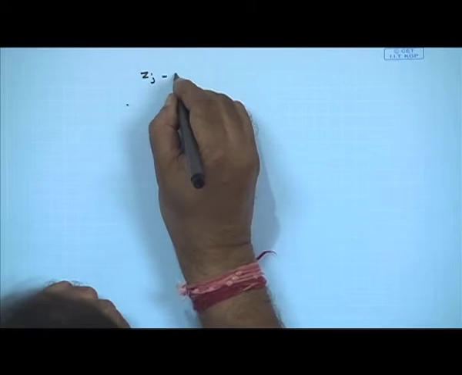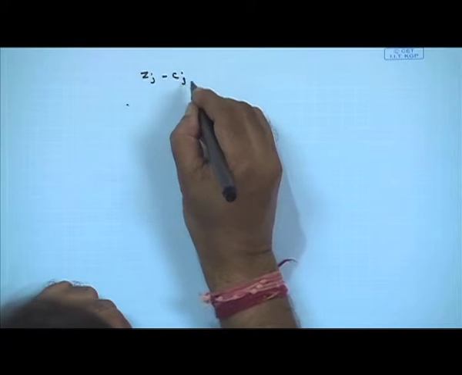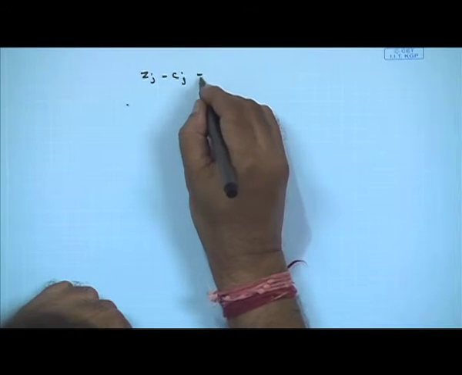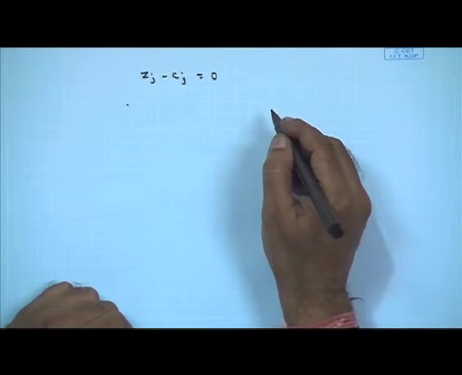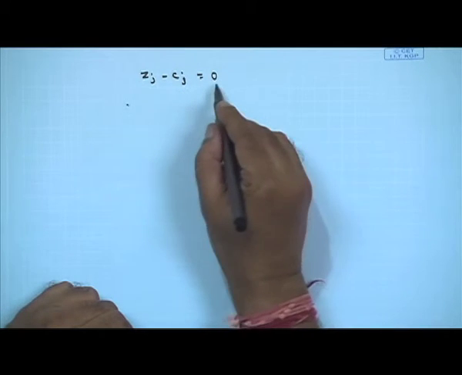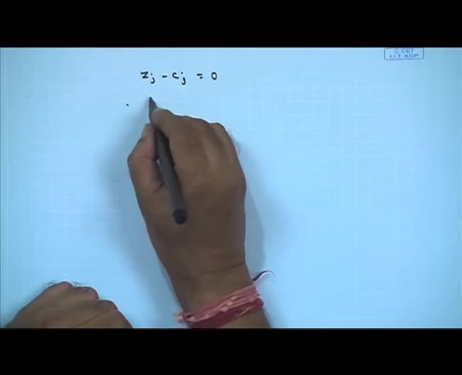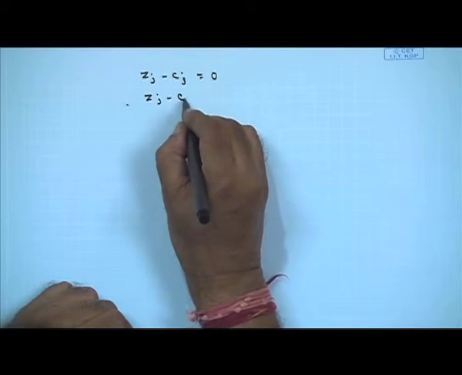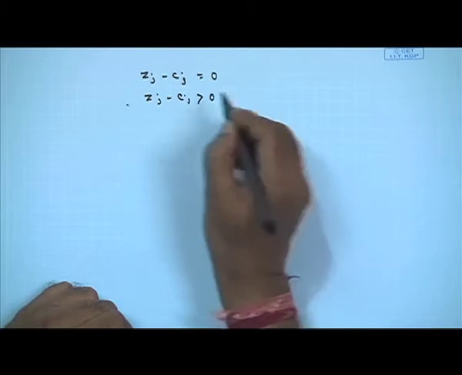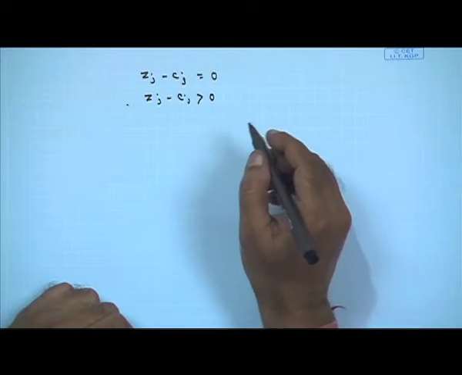The first one is the alternate solution. If you remember, we have told one thing: Zj minus Cj should be equal to 0 for basic variables, and Zj minus Cj should be greater than 0 for non-basic variables.